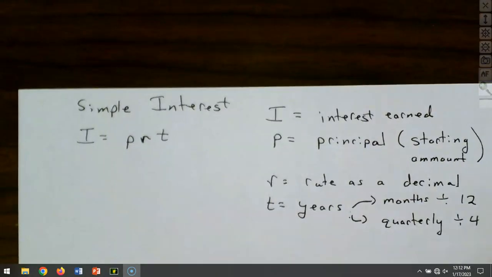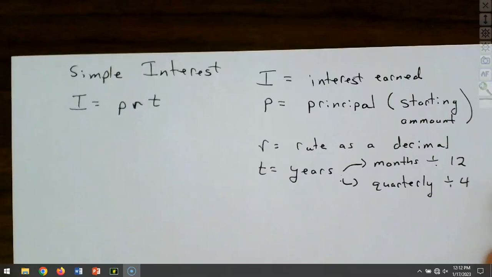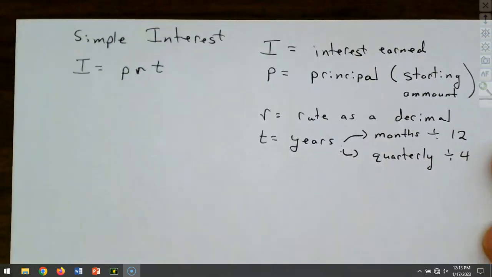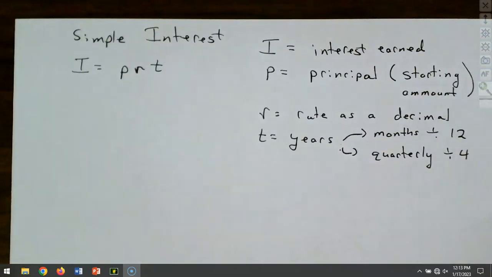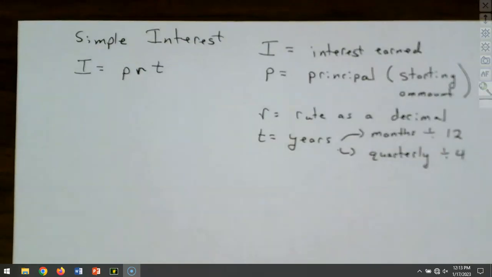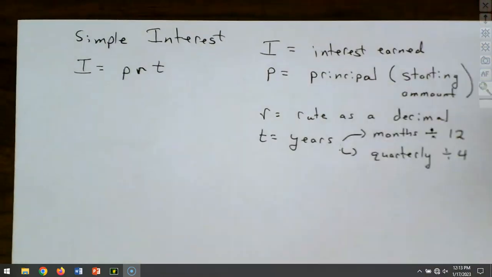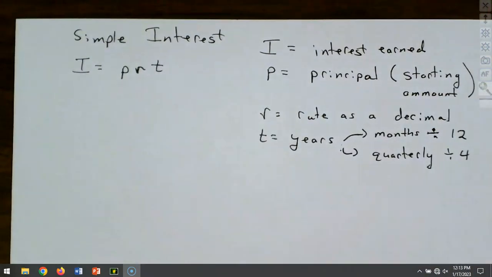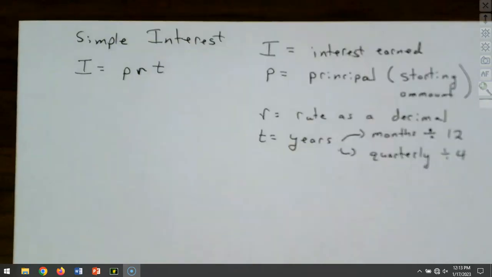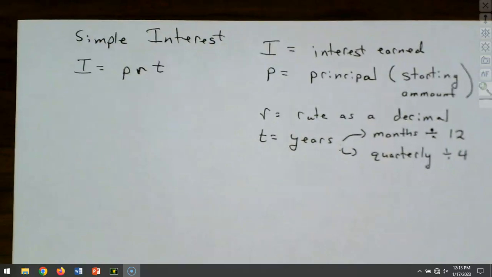But when we talk about time, we have to make sure that it's in terms of years. So if they give you months, you're going to have to divide it by 12. If they give you quarters, you're going to have to divide by 4, right? So make sure you're very, very careful when you read through these questions. Sometimes it's years already. Sometimes it's in terms of months or even in quarters.